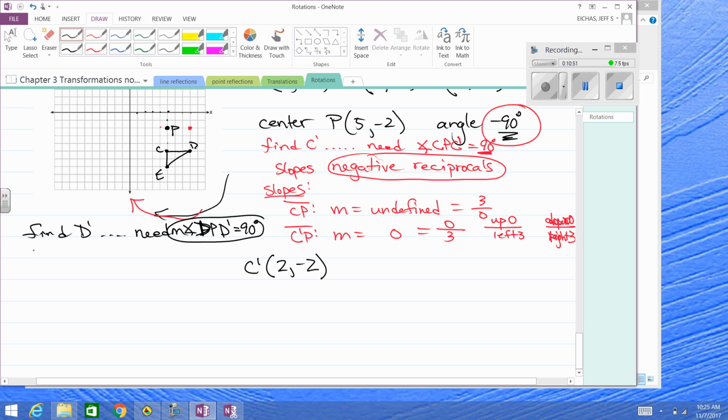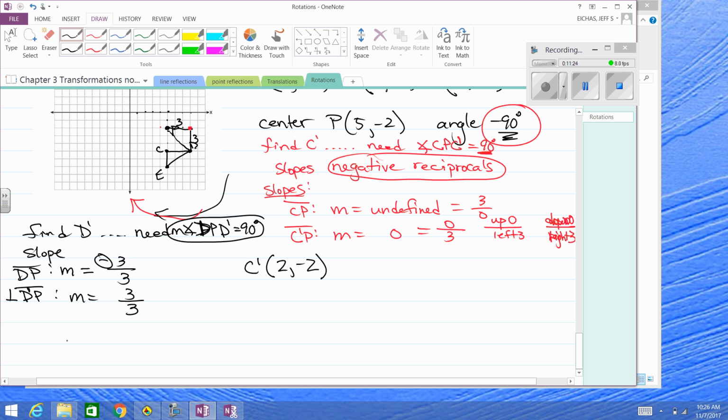So let's calculate the slope of D to P. From here to here, we've got a rise of 3 and a run of 3, and it's negative because it's going down as we move left to right. So for perpendicular, D prime to P, we have to flip that fraction: same numbers, but instead of a negative, we make it a positive.